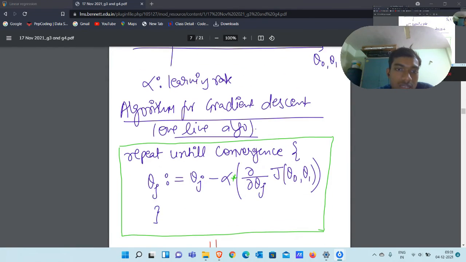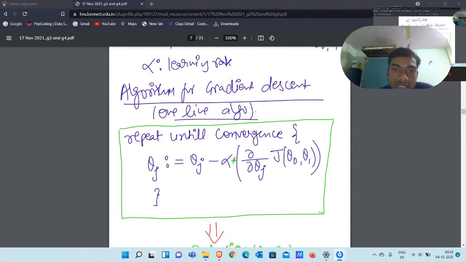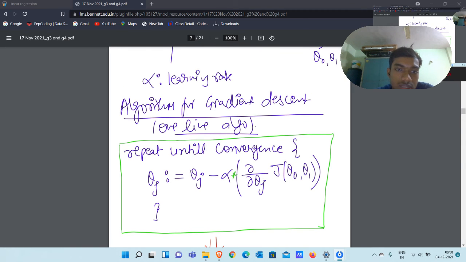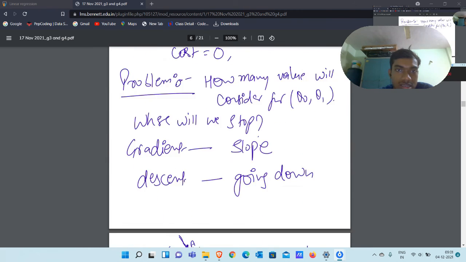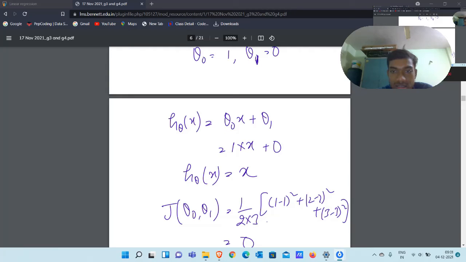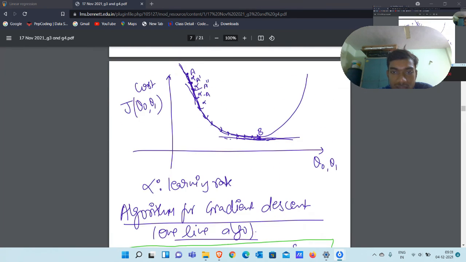So this is the formula: repeat until convergence. For the slope, theta j equals theta j minus alpha into the derivative of this formula.